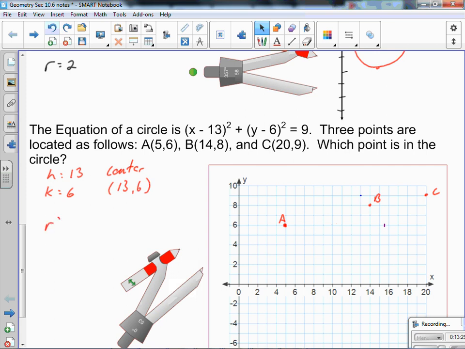And we know r squared for the radius is equal to 9. Take the square root of both sides there. See that the radius is 3. So center at (13, 6) with a radius of 3.